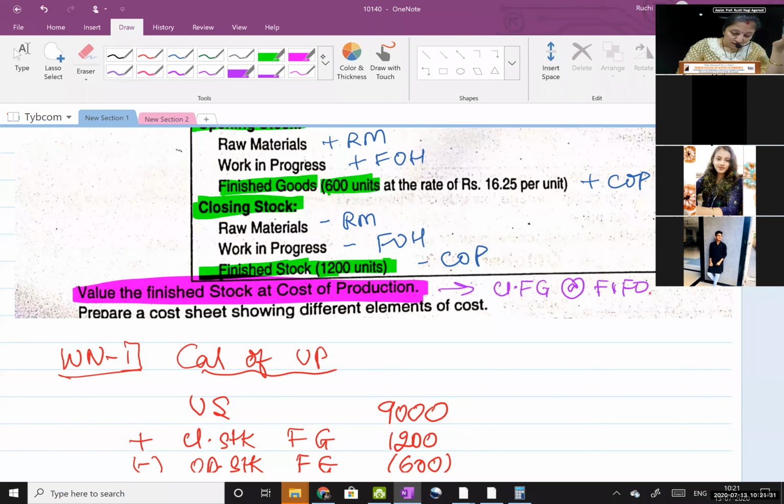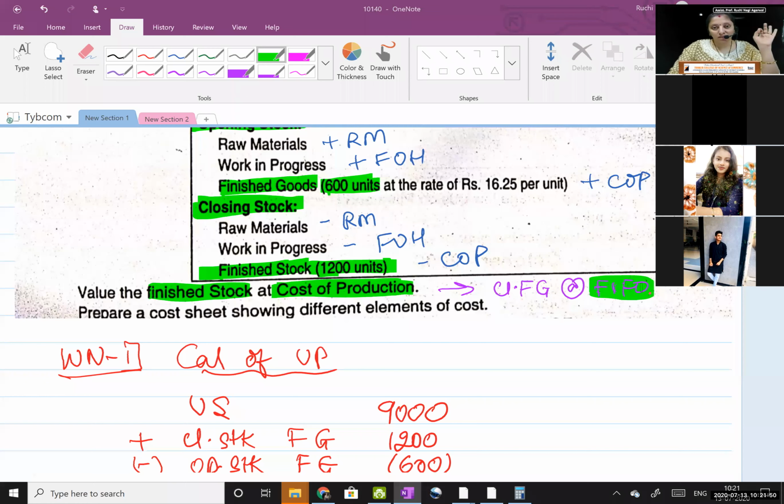So when they tell you in the question that finished goods is valued at COP, it is understood it is FIFO method. Am I clear about this? Acknowledge it in the chat box. Any doubt? Am I clear till here? Whatever I explained about closing stock of finished goods valuation.